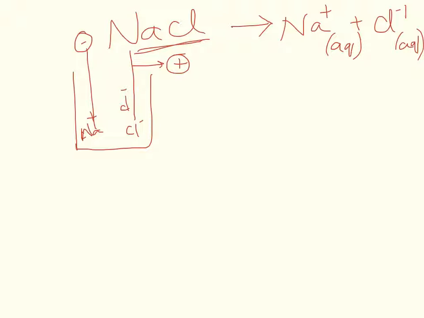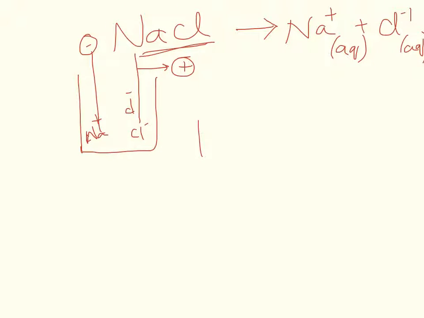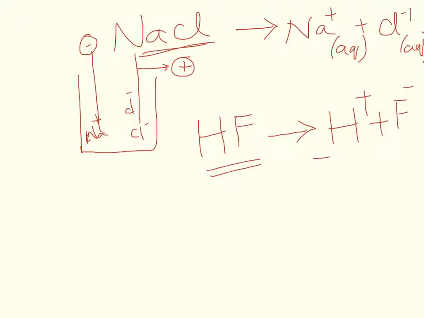Weak electrolytes will produce fewer ions. So if you were to look for some practical understandable example, say HF, hydrogen fluoride, hydrofluoric acid, right? If you put this in water, it does ionize, but not to as great an extent as sodium chloride.